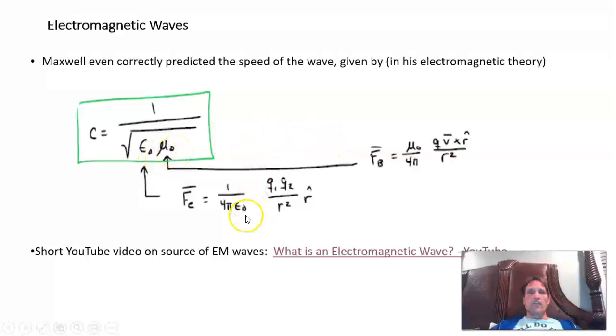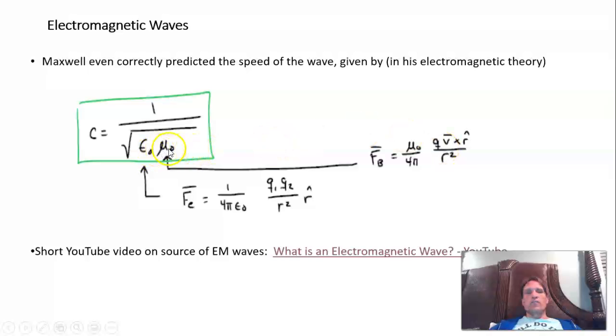And if you remember, epsilon naught was that constant, the electrical permittivity in Coulomb's law, and it was 8.85 times 10 to the negative 12, and mu naught was the magnetic permeability, which was in the Biot-Savart law, and so that was 4 pi times 10 to the negative 7.